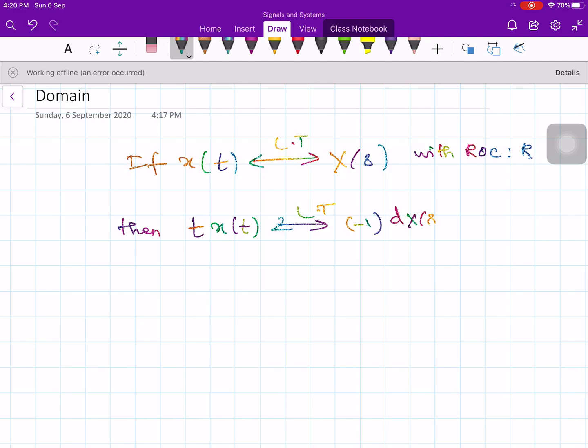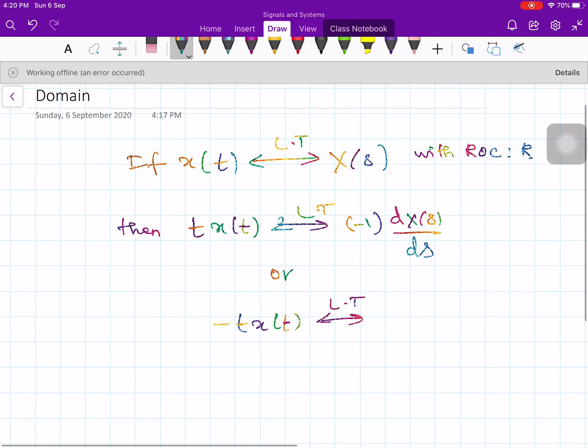Sometimes people will write it like this also: minus t times x of t has Laplace transform of d times x of s divided by ds. Both are the same, with ROC equal to R, and here also you can write with ROC R.